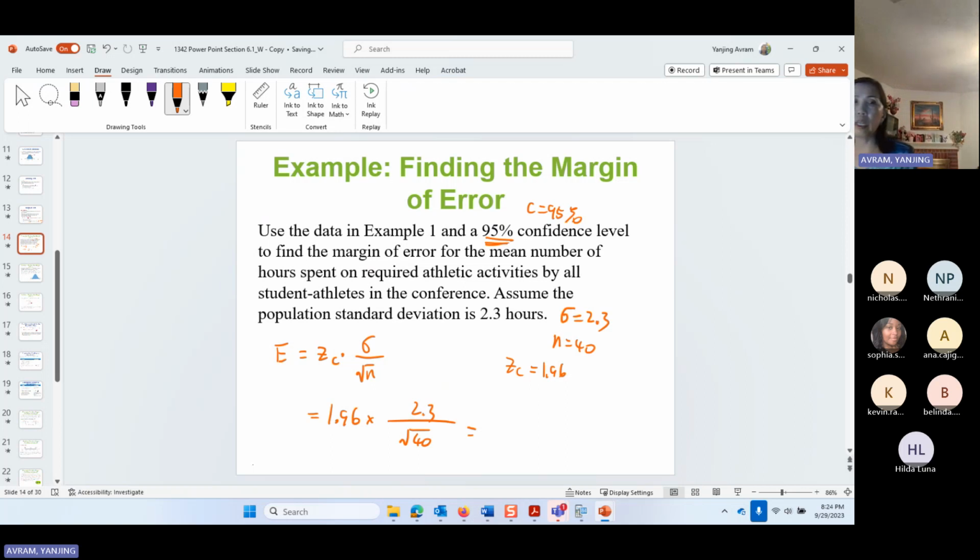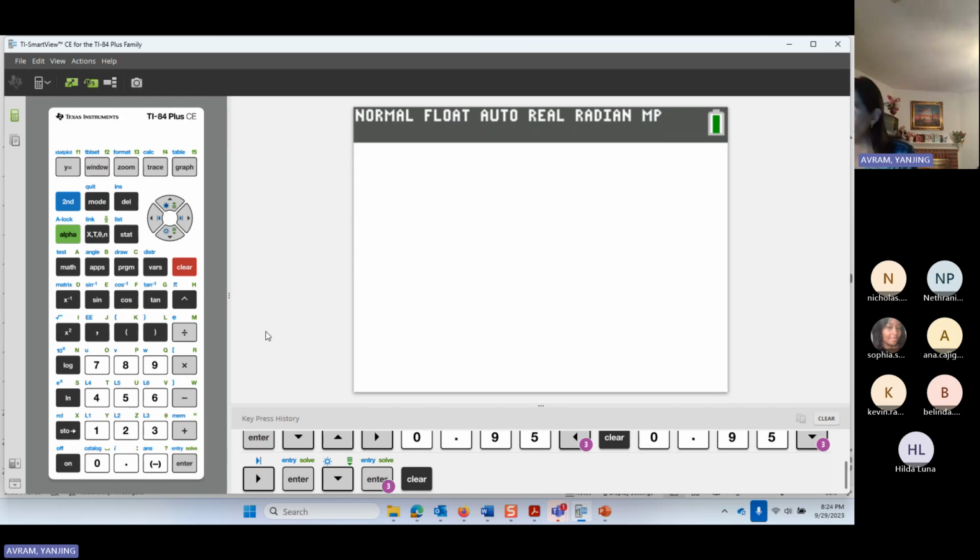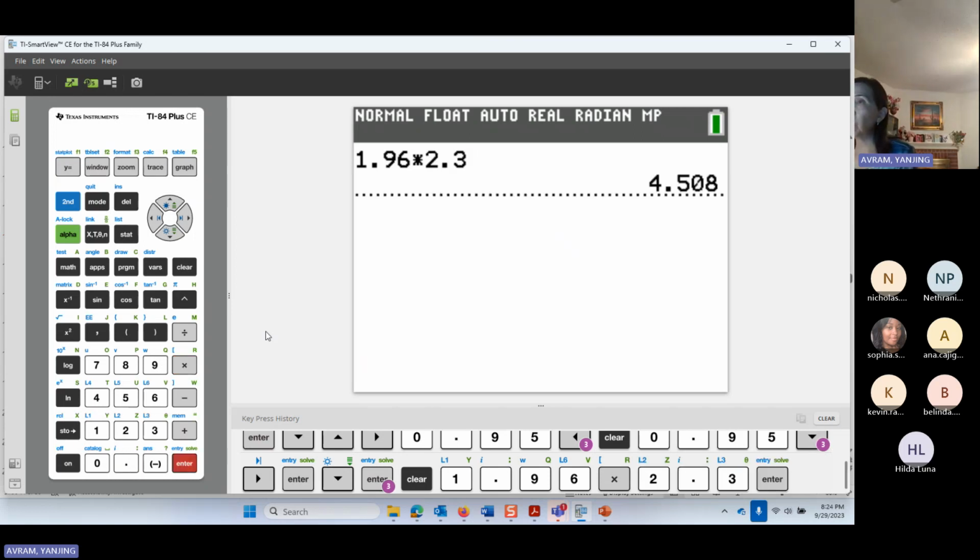And of course, you can use the calculator to calculate this one. Let me go ahead and show you how to use the calculator very quick. Okay, so we have 1.96 times 2.3, right? You can calculate this first and then just hit divide, and it will carry the answer, divided by this one. So you don't have to type the answer in here.